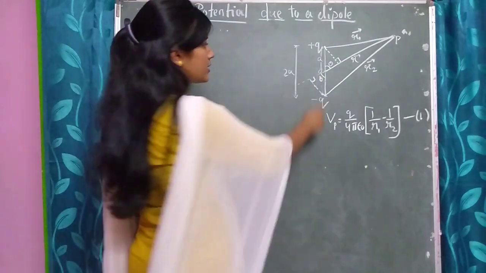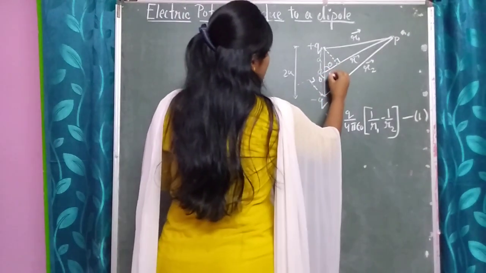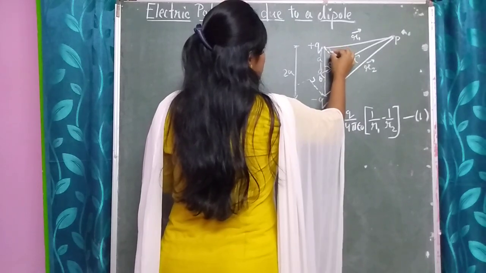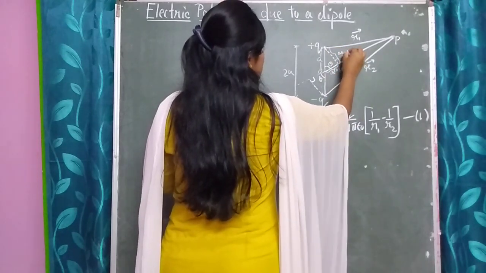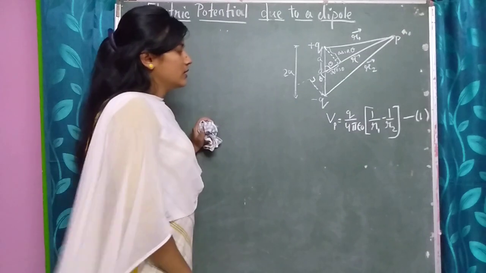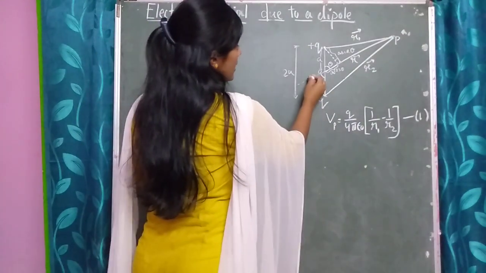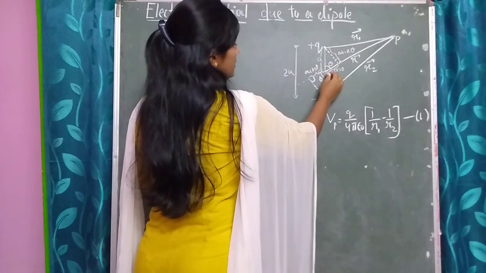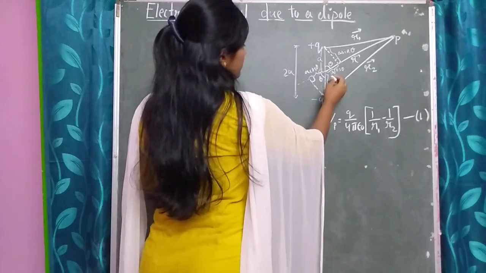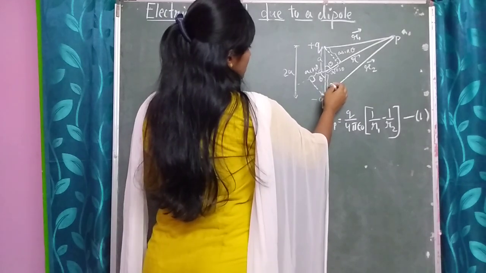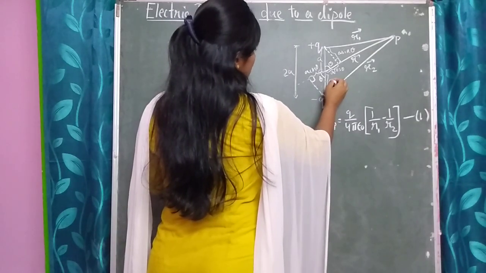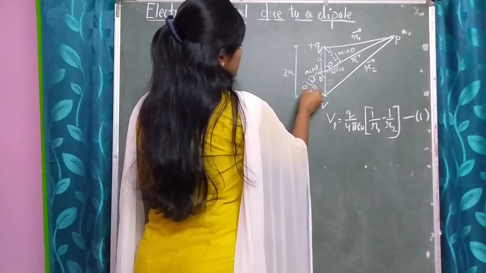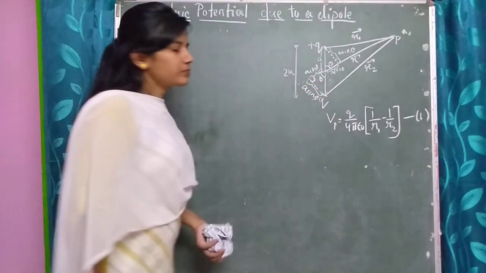So if this is theta, this will be a cos theta, this much value, and this much value will be a sin theta. Similarly, this adjacent side will again be a cos theta, and this perpendicular will be a sin theta.